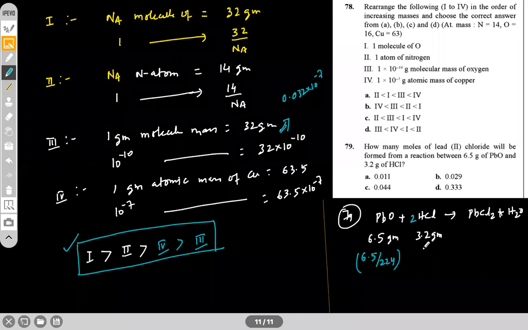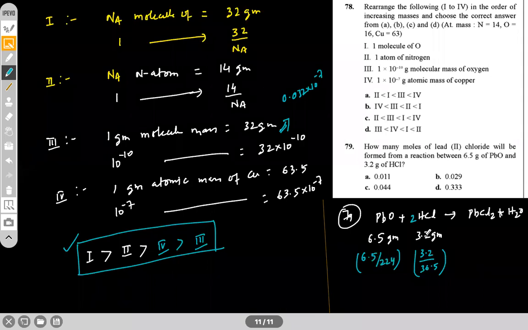For HCl it is 3.2 divided by 36.5. So when you look at this, obviously the limiting reagent is what? It will be 3.2 by 73 compared with 6.5 by 224.